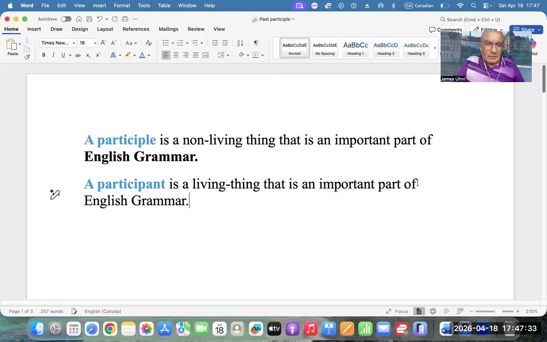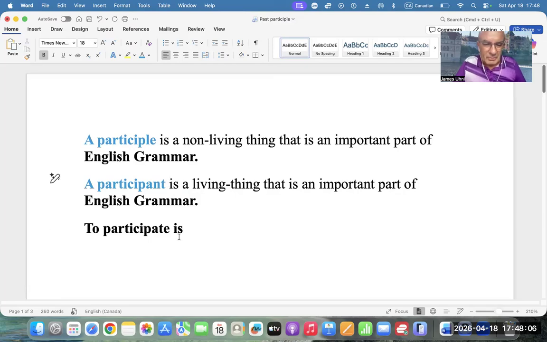Now, this I will again write in bold print because it is important. Then we have to participate, which is infinitive. To participate is exactly the same thing.